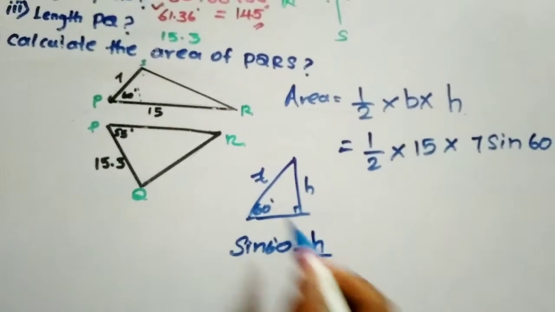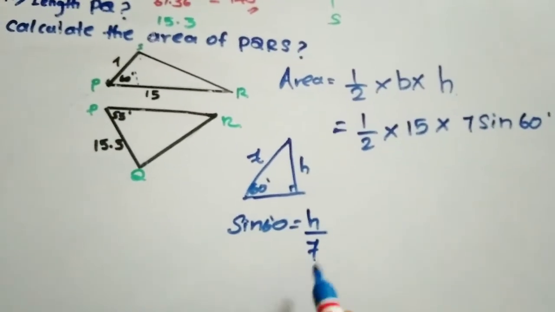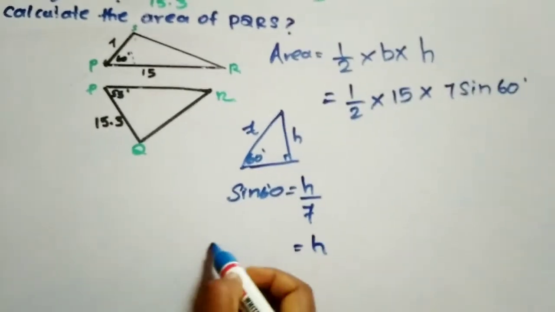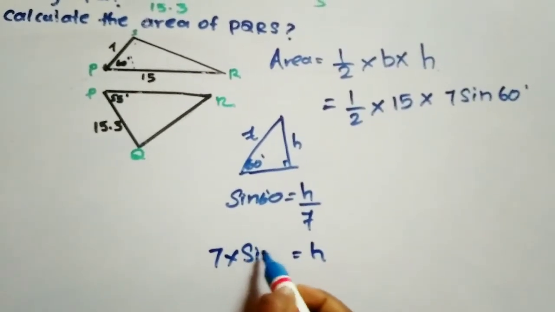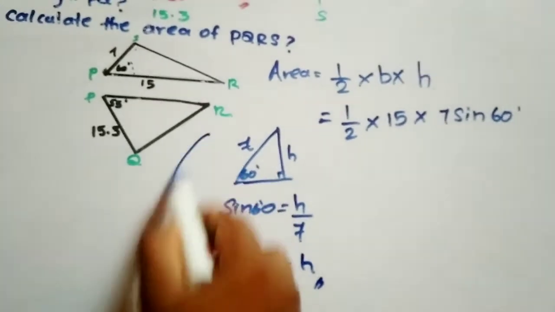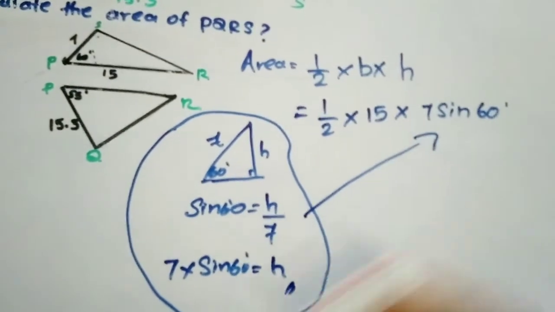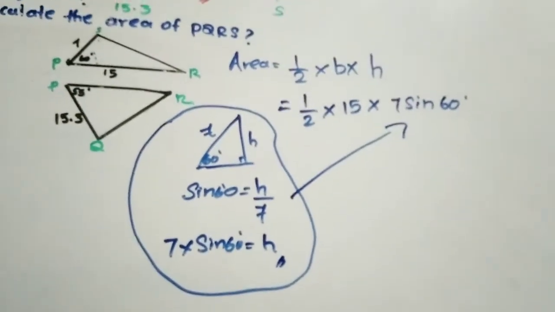The opposite side here is h, the unknown height. The hypotenuse is 7. So the height of this triangle, by cross multiplying, is 7 into sine 60. This is the value I applied there instead of h.